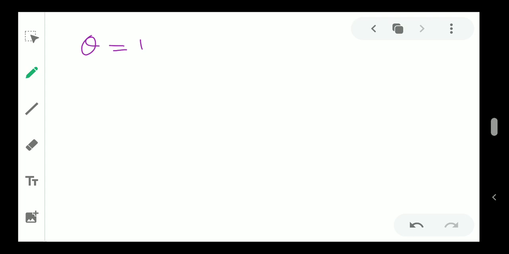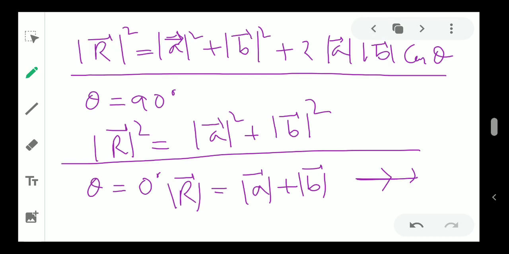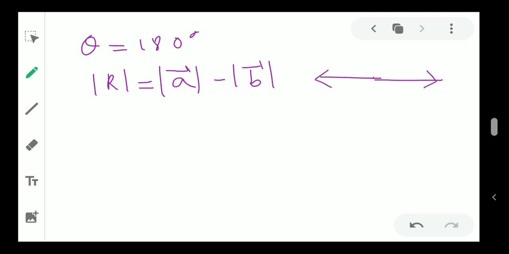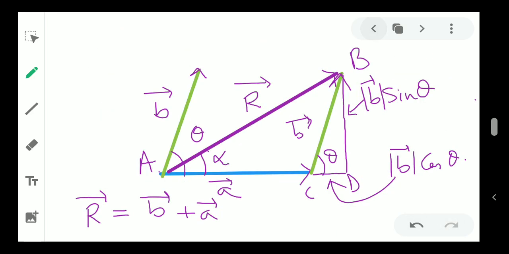If my theta is 180 degree, cos theta will be minus 1, so we will get R equal to A minus B. That means the forces or the vectors are acting in different directions. So these are some special cases to understand how the vectors are being added with each other.